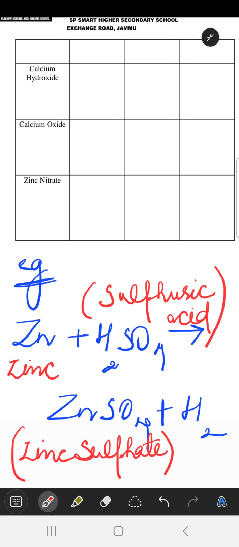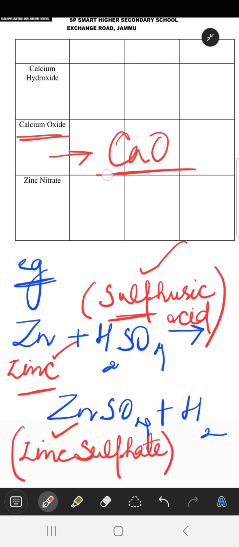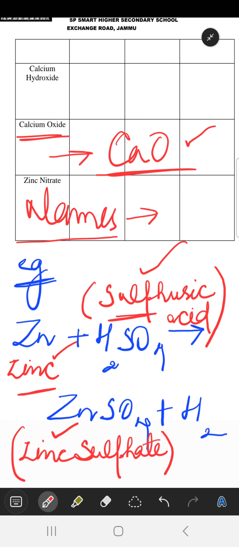In the board exam, the examiner can ask the question by writing the names only. So, you have to remember the names as well as the chemical formulas for balancing the equation. So, it is important to learn the names as well as the chemical formulas for the compounds.